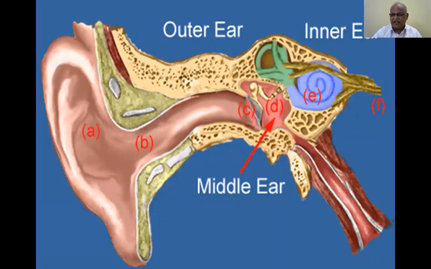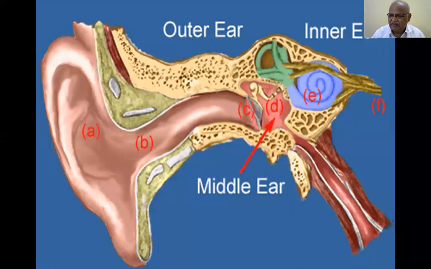So, the inner ear is divided into the outer bony labyrinth and the inner membranous labyrinth. In between these two, the outer bony labyrinth and inner membranous labyrinth, there is perilymph.